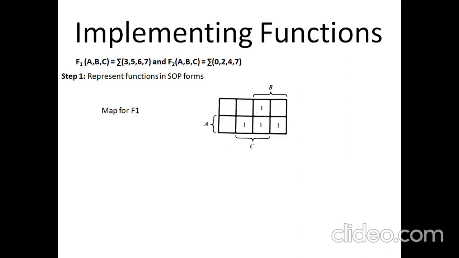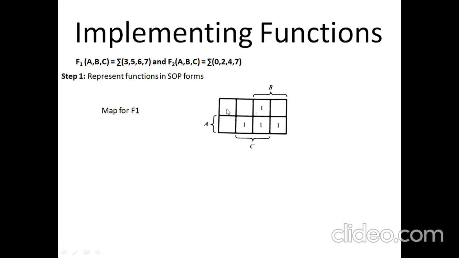This is the map for Boolean function f1. The empty squares here, where nothing has been written, represent zeros. So the minterms where the output is 1, minterms 3, 5, 6, 7, the corresponding squares are marked with 1.